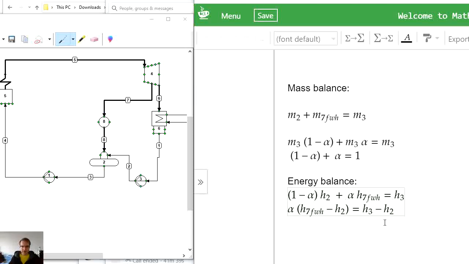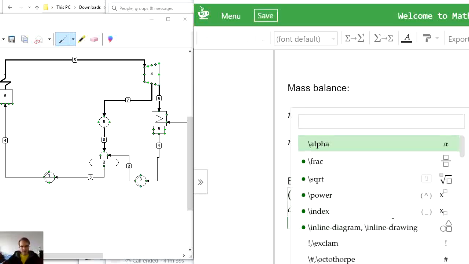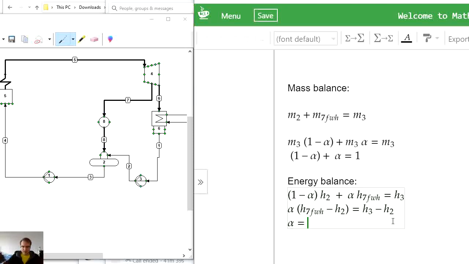The H2 went to the right side. So in the end, alpha is a fraction where we have H3 minus H2 divided by H7 feedwater heater minus H2.